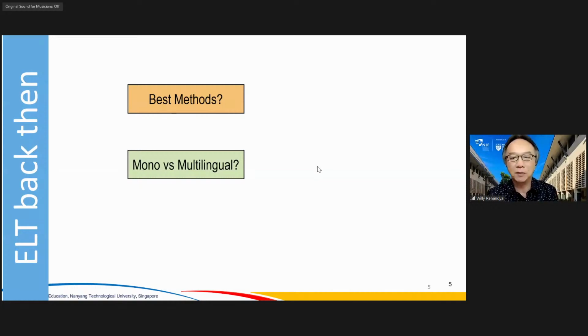So that would be the one best method that we can think about. Unlike in the past, when people were discussing, is communicative language teaching the way to go? Is task-based language teaching the way to go? Is genre-based language teaching the way to go? I don't think we should be asking that question today. The most important question for a teacher is to find what you think works best in your unique classroom situations, whether you're working with young children, with teenagers, or with adults.